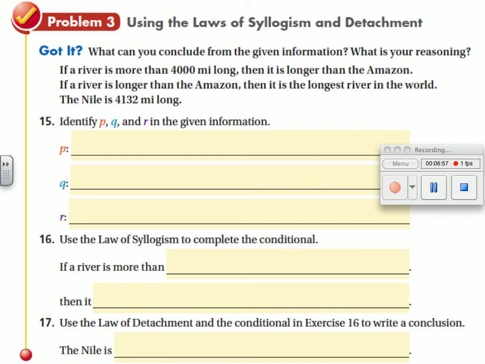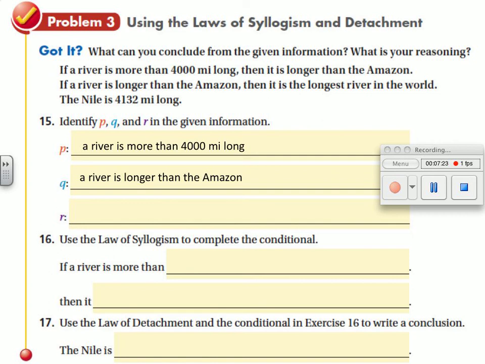So we're given 3 different things to deal with in this problem. First, we have to identify P, Q, and R in the given information. Our P statement is a river is more than 4,000 miles long. Our Q statement is a river is longer than the Amazon.